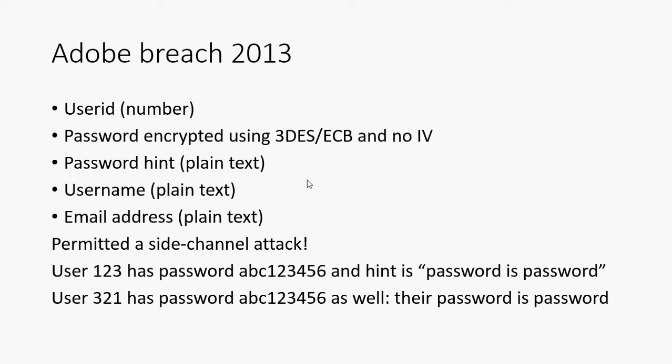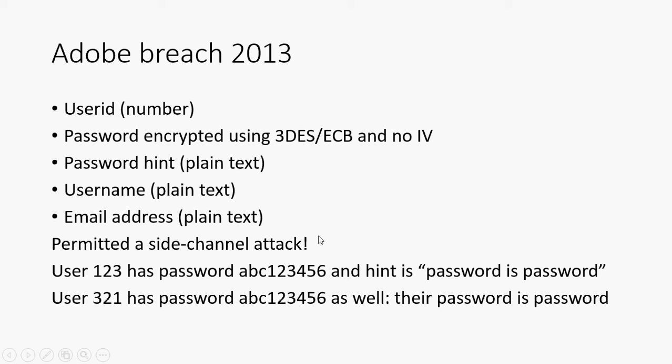But the interesting thing about this particular breach was it permitted a side channel attack. So to attack encryption, you would usually imagine that you either have to find the key or you have to crack the encryption itself, either using some kind of mathematical attack or brute forcing all of the keys or something like that.